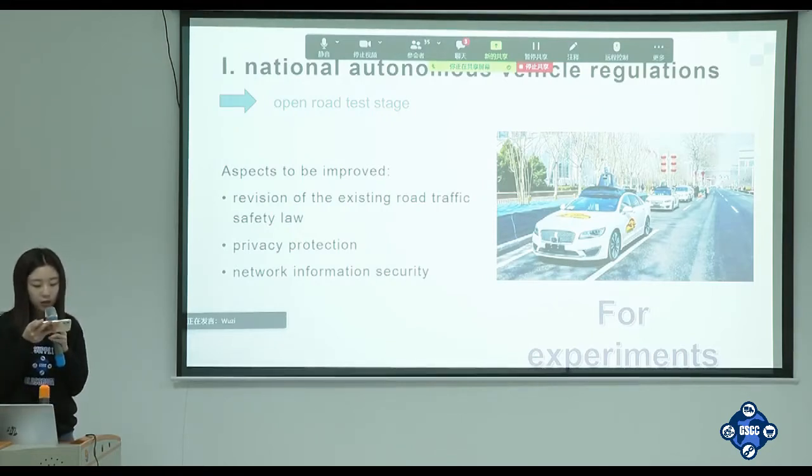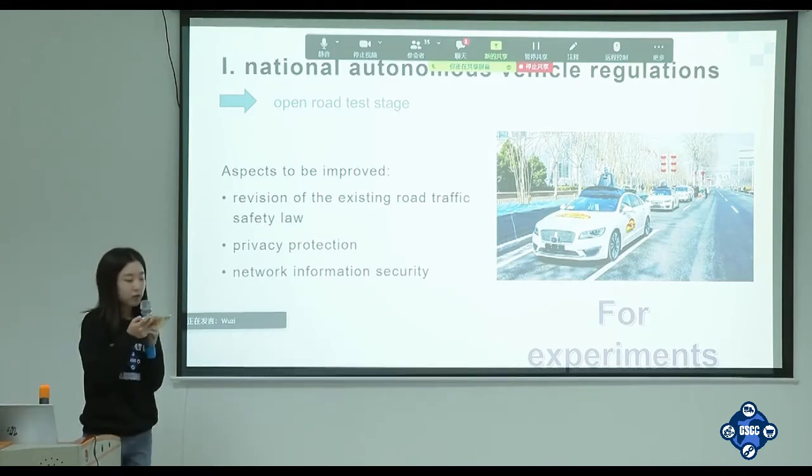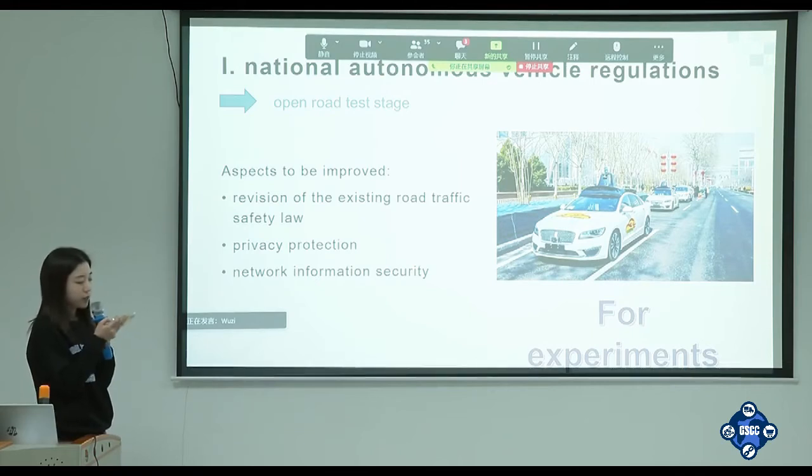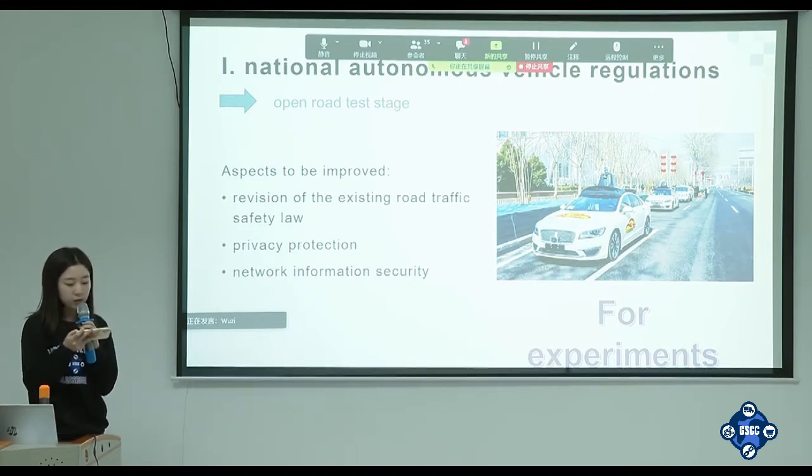At present, China's automatic driving vehicle is still in the open road test stage and has not been formally put into daily life. Therefore, the existing legal norms do not specifically stipulate this, and the published content is only used for the road test of autonomous vehicles and some industry standards.